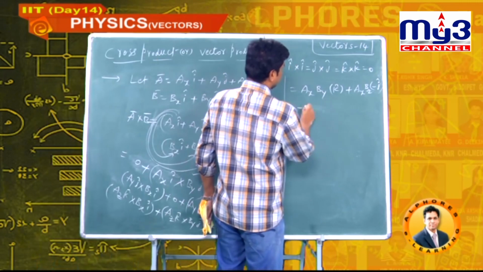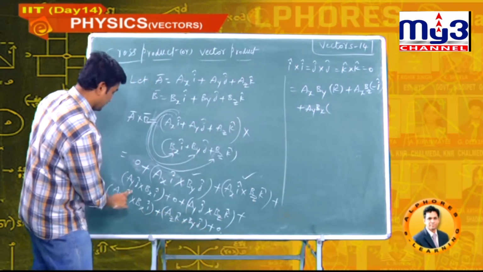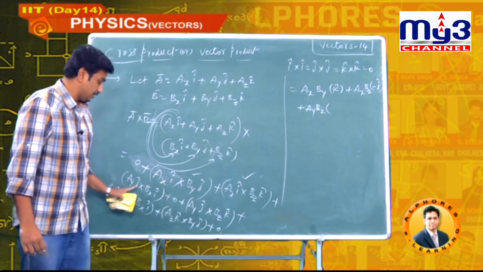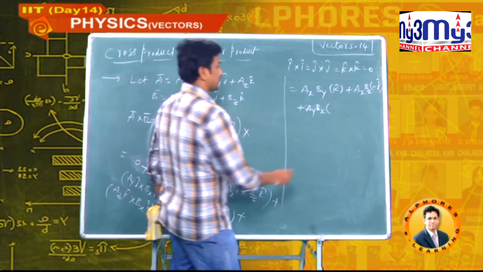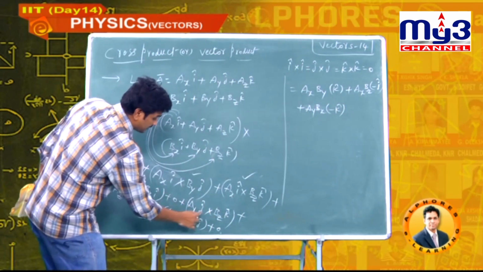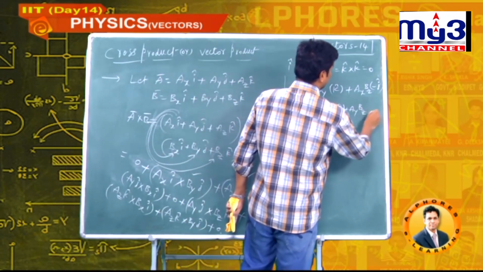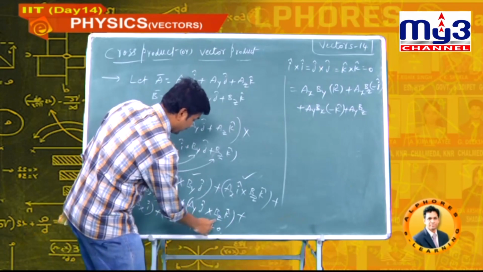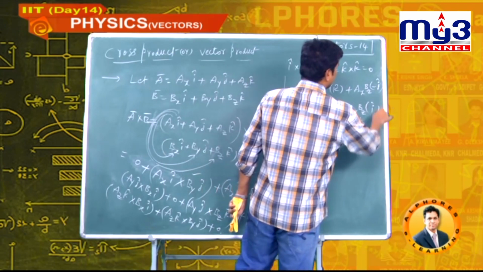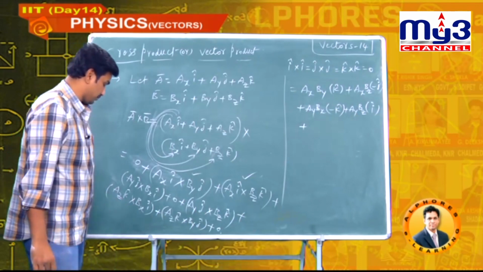AY BX scalars. AY BX, j cross i. i cross j is plus k, reverse, j cross i is minus k cap. Next, AY BZ scalars. AY BZ, j cross k, i cap. Next, AZ BX both are scalars.